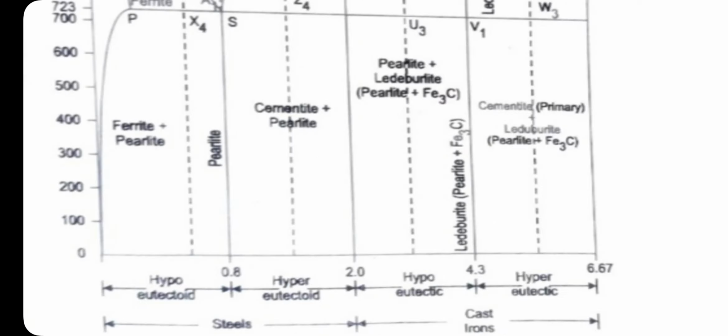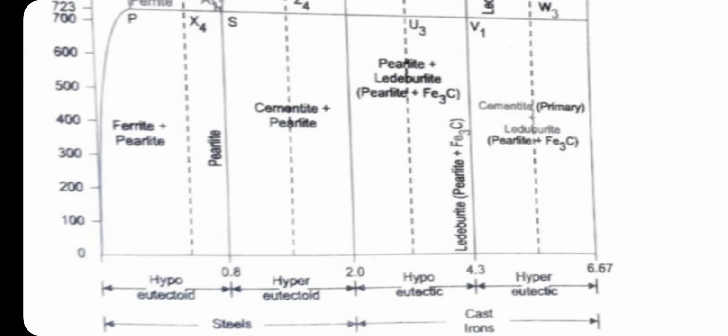So this is the iron carbide equilibrium diagram. On the x-axis, percentage carbon is given, and on the y-axis, temperature is plotted. On the x-axis, 0.8%, 2%, 4.3% and 6.67% carbon are presented.